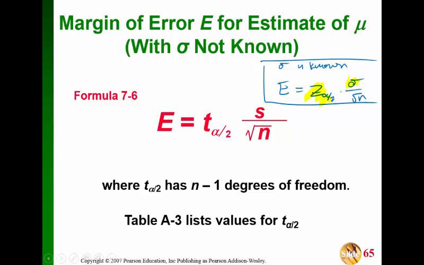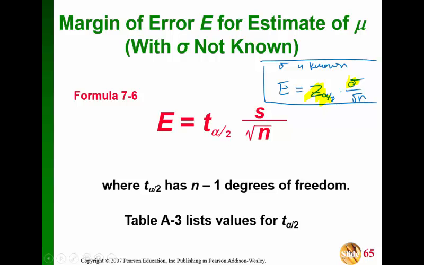Now, table A3 has a list of critical values, and each critical value is dependent on the degrees of freedom. So you're doing a problem with a sample size of 30, and you can have a critical value for that. Now you're doing another problem with a sample size of 12, and so you're going to have a different critical value.